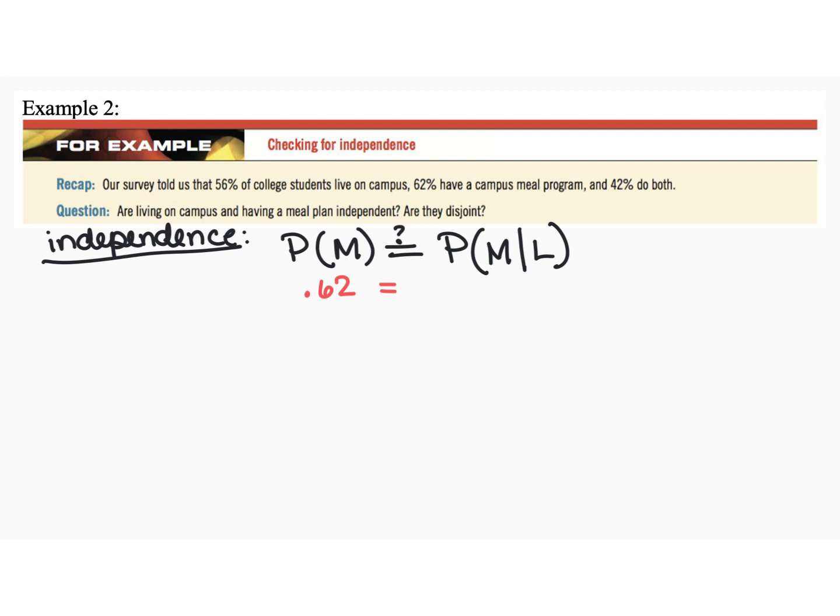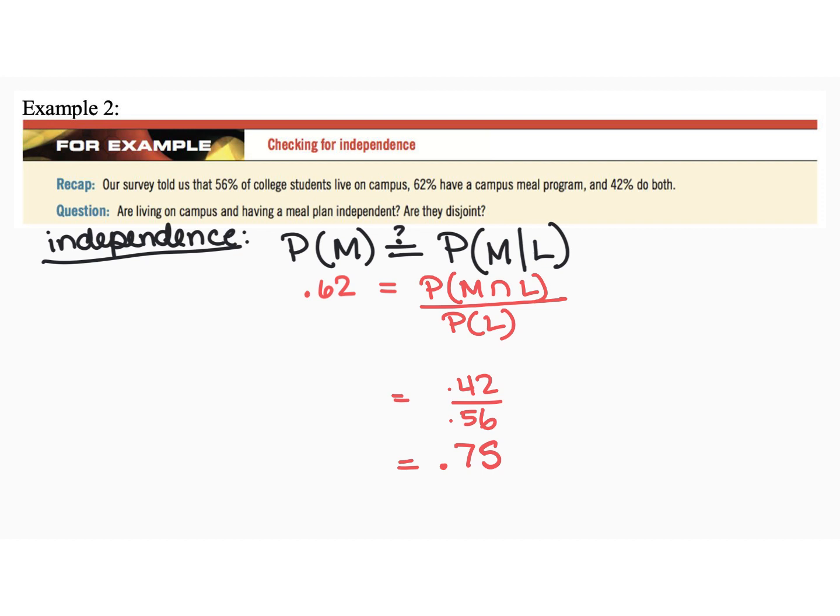I'm going to calculate the probability of having a meal plan given that I live on campus, and I know that it's equal to both divided by the probability of just those that live on campus. So both is 0.42, and those that live on campus is 0.56. And if I divide that, I get 0.75.